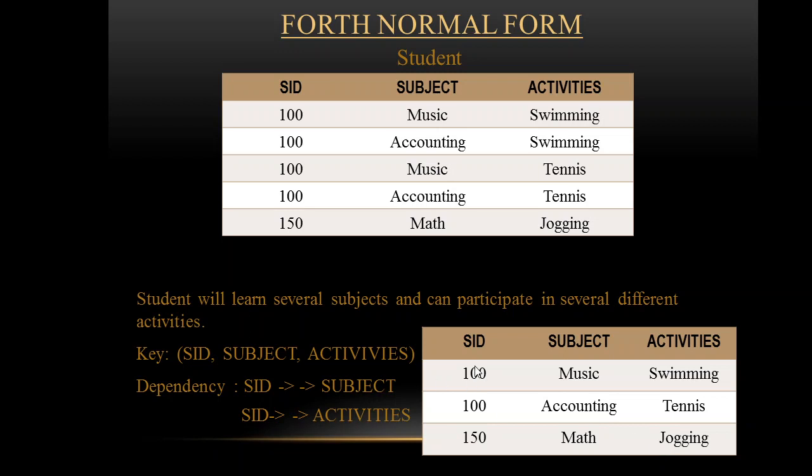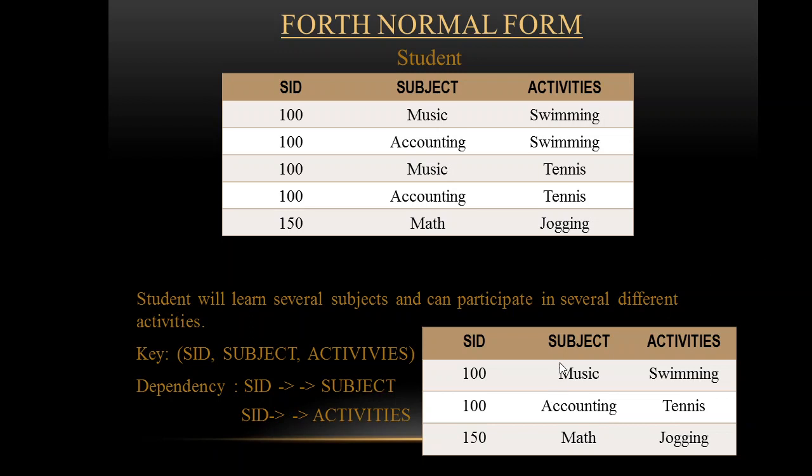Now what is the relation between student and subject and activity? They are not functionally dependent on each other, because by knowing the student ID you will get multiple values of subject, and by knowing the student ID you will get multiple values of activities in which he is participating. This type of dependency is called a multi-valued dependency.